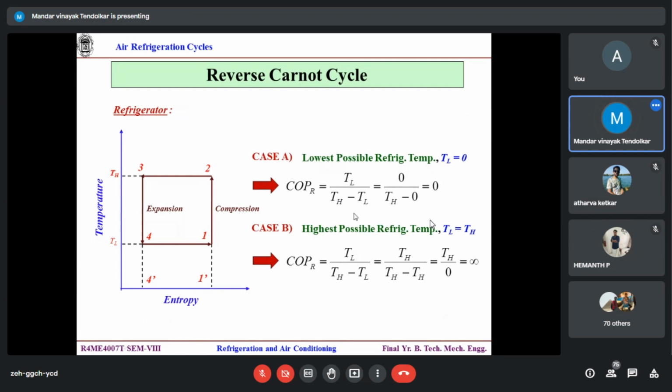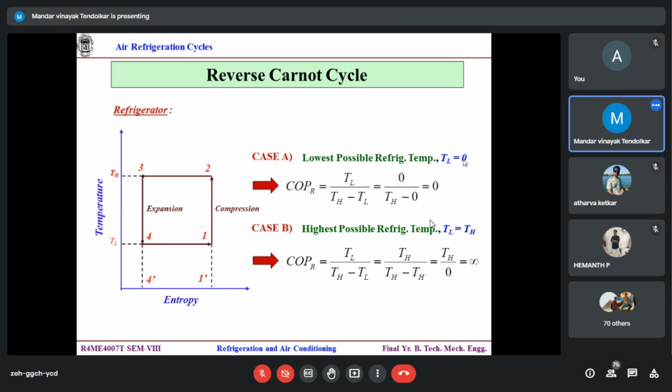And as such, the point which we discussed in the earlier chapter: you put lowest possible temperature TL equal to 0. 0 Kelvin is impossible, but let's assume, theoretically, fictitious, it is 0. Then your COP would be 0. And highest possible temperature, such that there should not be any difference between these two, they are same. Then TH equals TL, so COP will be infinity. Neither 0 nor infinity are practical cases.